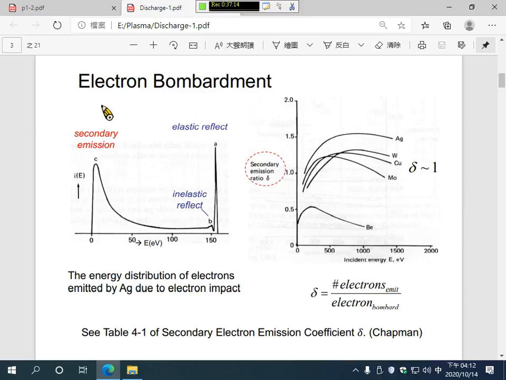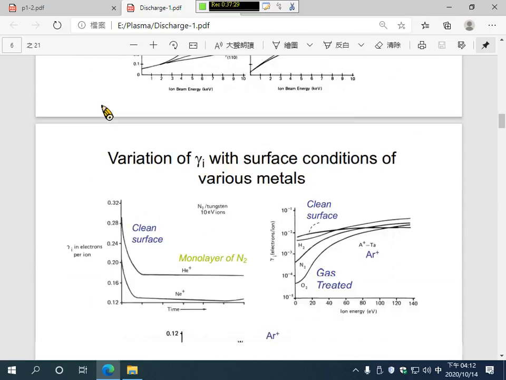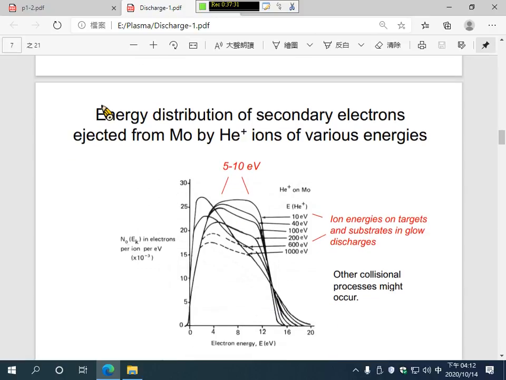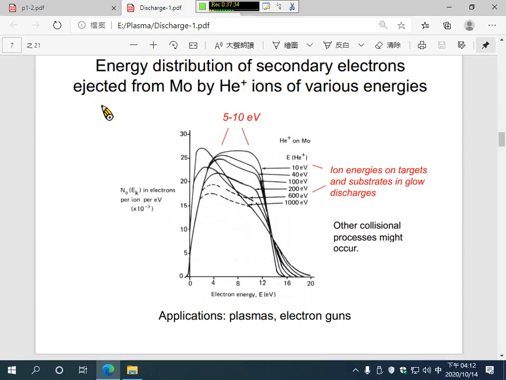And in this slide, the energy of the secondary electron is quite small compared to the back reflected or back scattered electron. This slide shows the energy distribution of the secondary electron by helium ion bombardment.